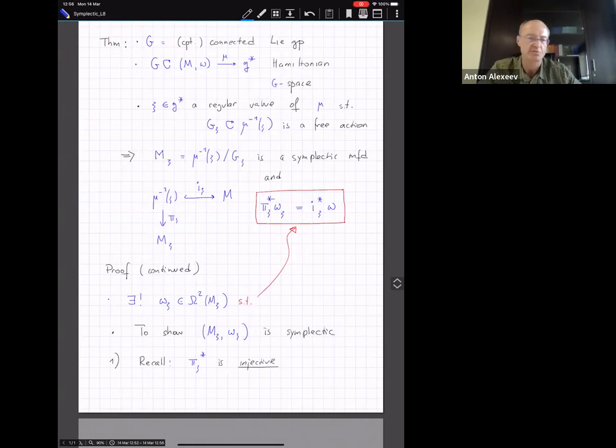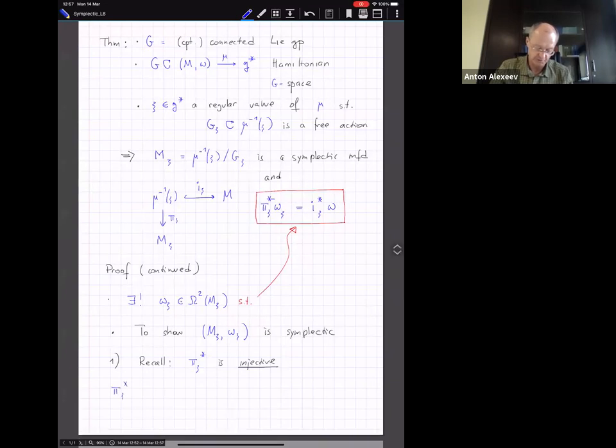So if we know something in the images under pi xi star, we know the same thing in the forms on M xi. So with that, I'm just proving that the form omega xi is closed. And this is a sort of easy stuff. So I compute pi xi star of d omega xi, and I hope to show that this is zero.